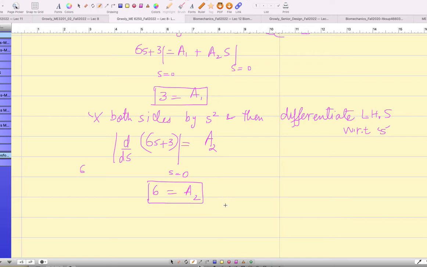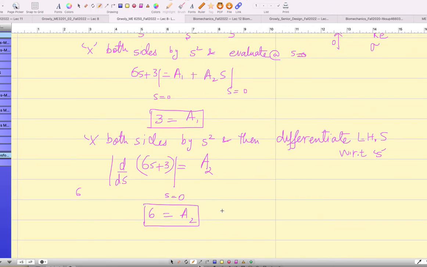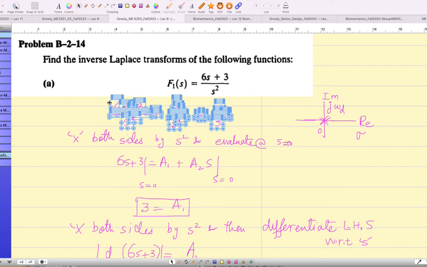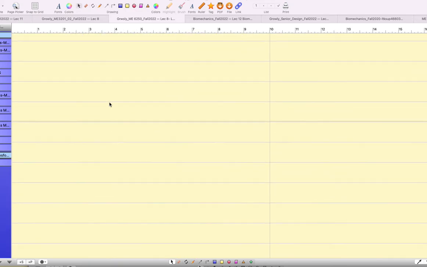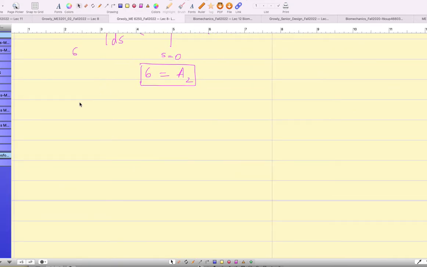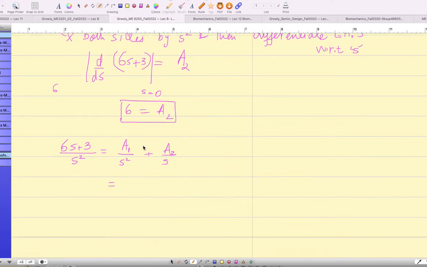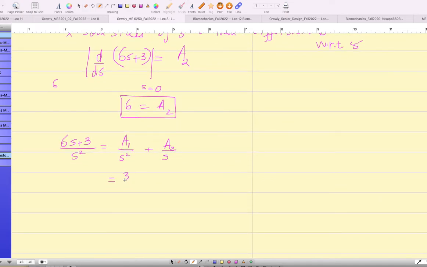You will plug it in over here. I will show you one more method, so you can use either method. A1 is 3 over s squared, and A2 is 6 over s.